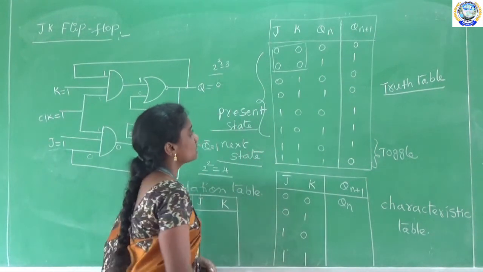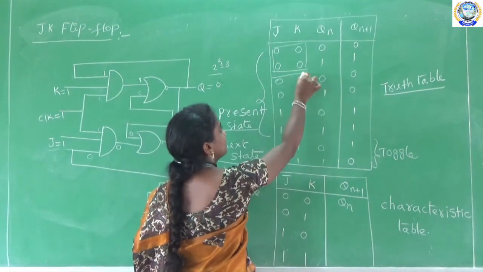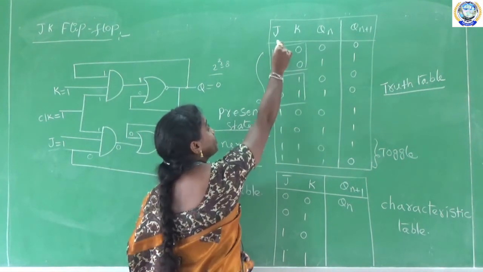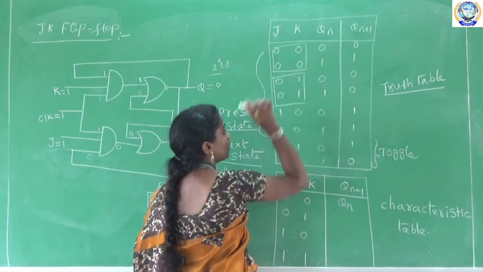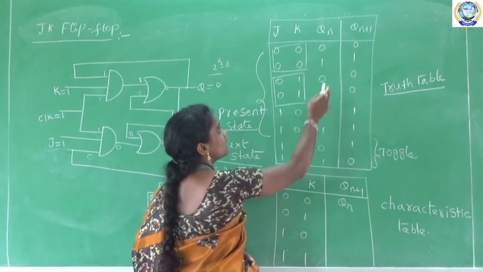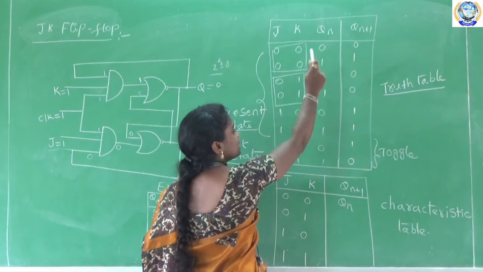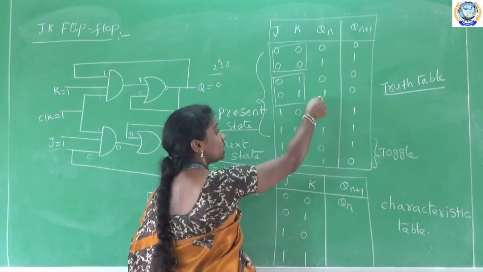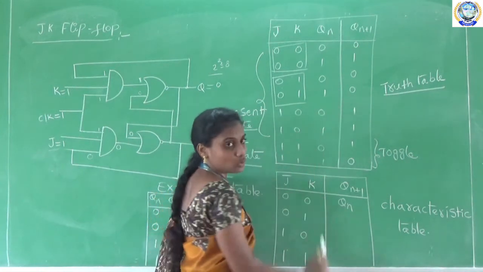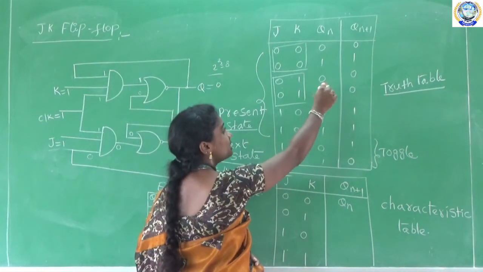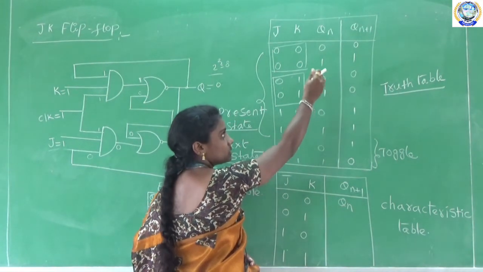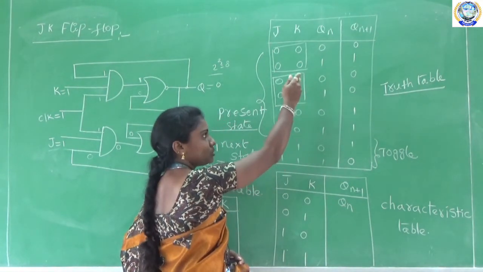Right? Next, if we consider the next condition, 0, 1. So J equal to 0 and K equal to 1. What is the condition? Even if the present state Qn equal to 0, the next state is 0. If Qn equal to 1, Qn plus 1 equal to 0. So there is no change in the next state, even though the present state is changed from 0 to 1.